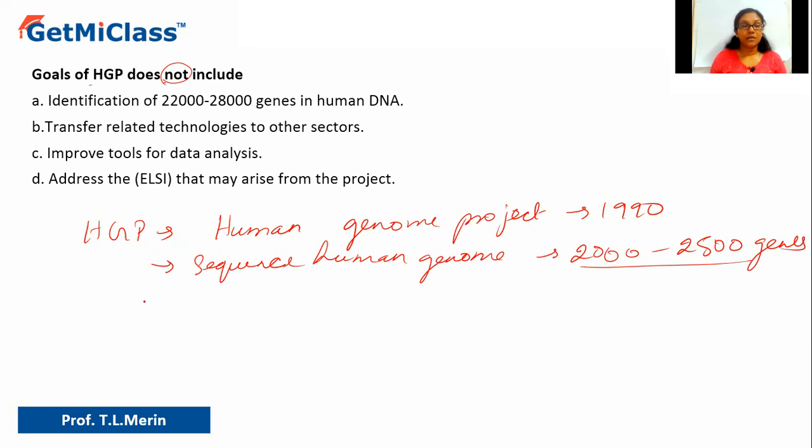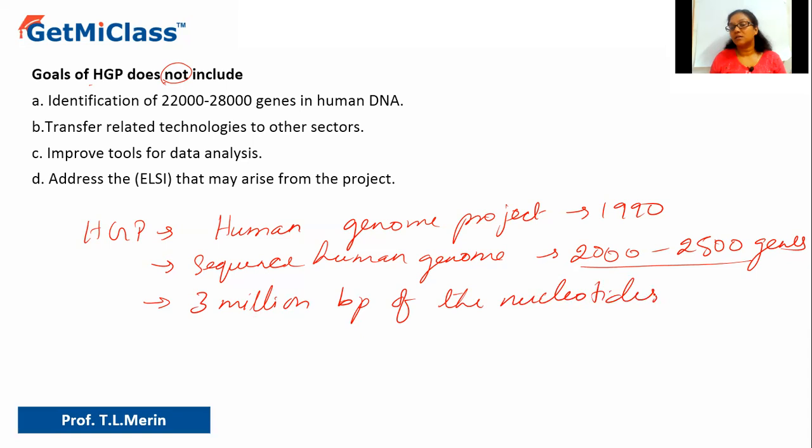And also they wanted to sequence around 3 million base pairs of the DNA, the nucleotide sequence of the DNA. So that is the main aim of HGP.